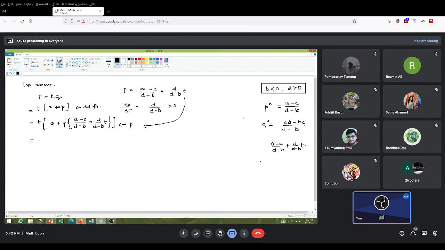Now if you simplify this, we can write it in this format for convenience.